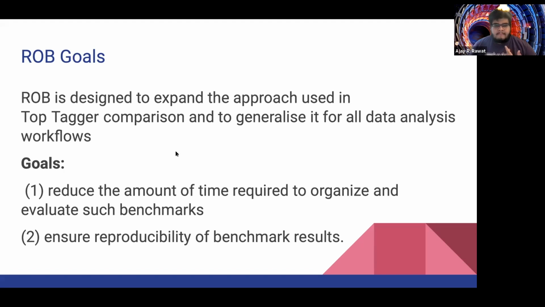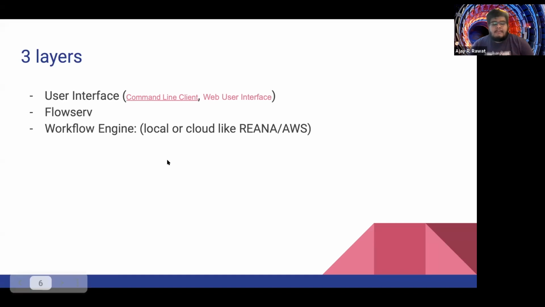This is just a brief description of ROP, where there are three layers. The user interface is just a way to interact with ROP, like a command line interface where you type commands, or a web interface.